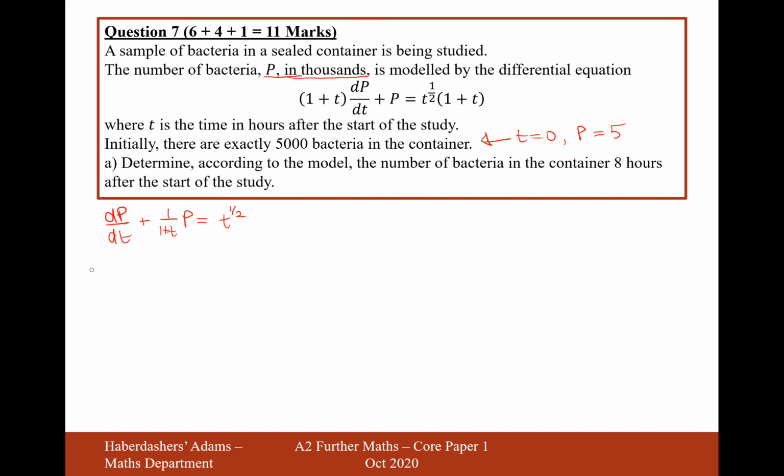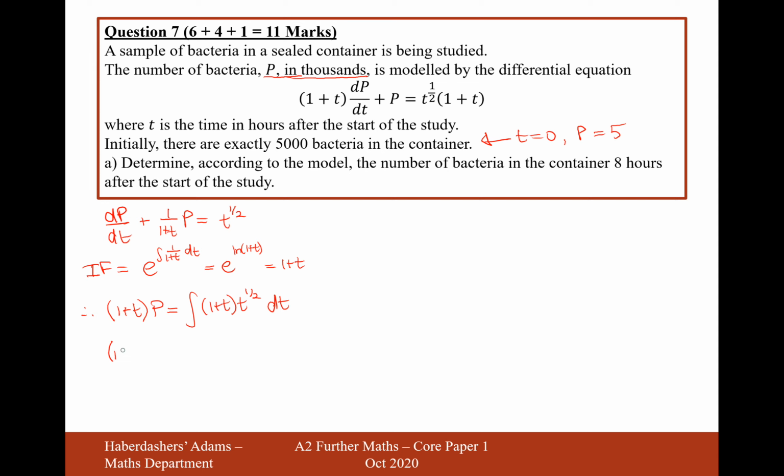My integrating factor is equal to e to the integral of 1 over 1 plus t dt, which is equal to e to the ln(1 plus t), so therefore it's equal to 1 plus t. So therefore the answer is going to be 1 plus t times P equals the integral of 1 plus t times t to the power of half dt.